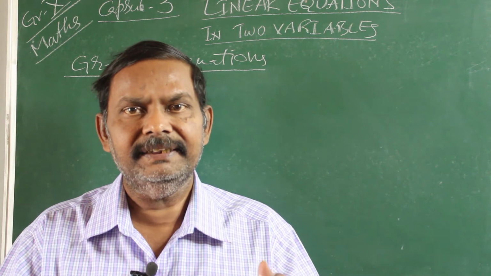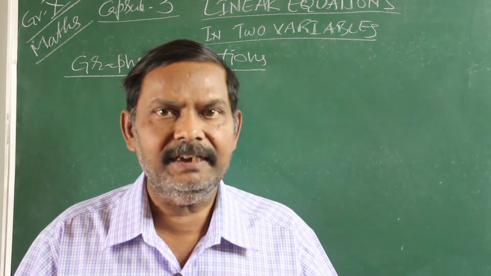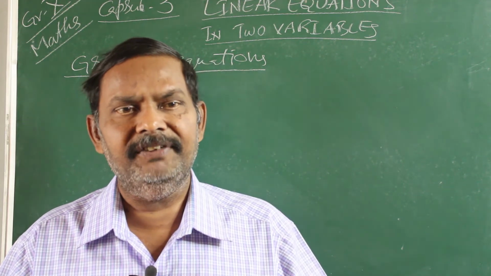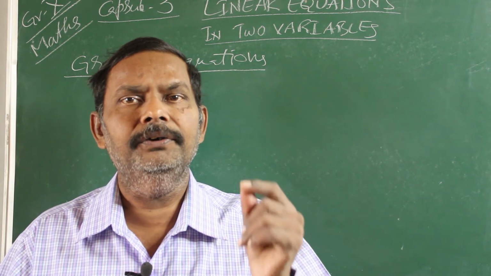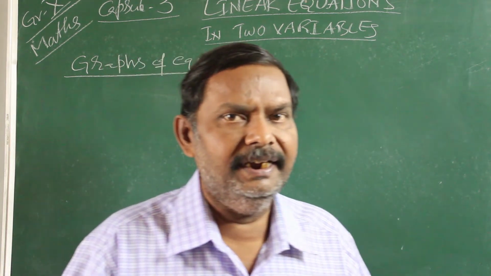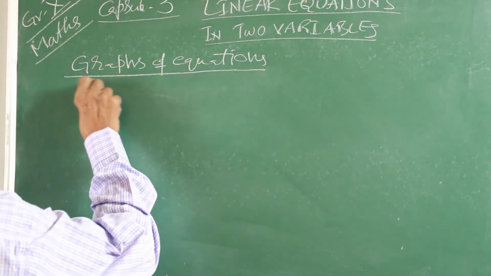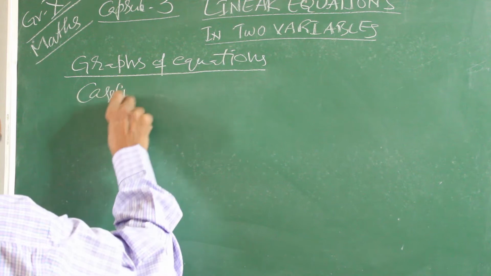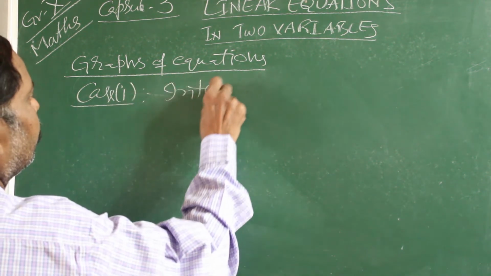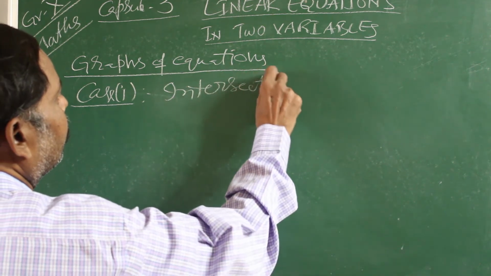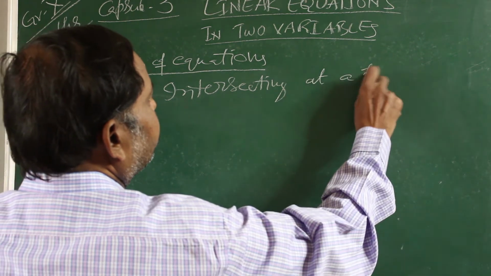Now let us discuss each and every case by taking a suitable example. Let us take the first case: two lines intersecting at a point, and you have a unique solution. Let us see about that. Case 1, intersecting at a point.